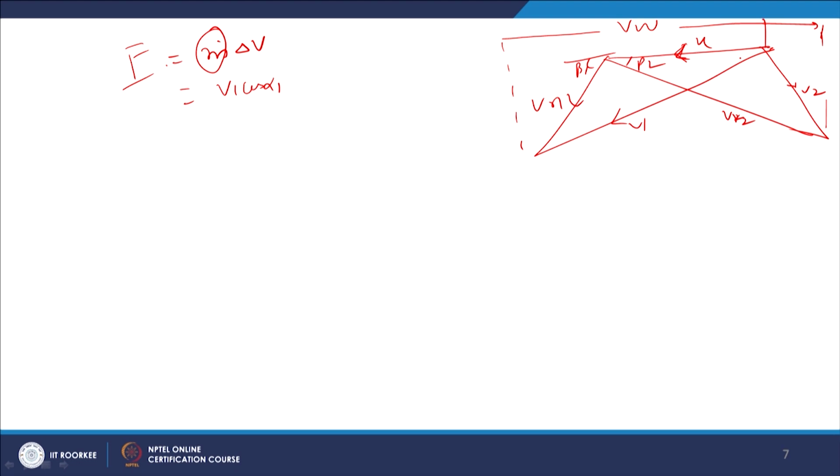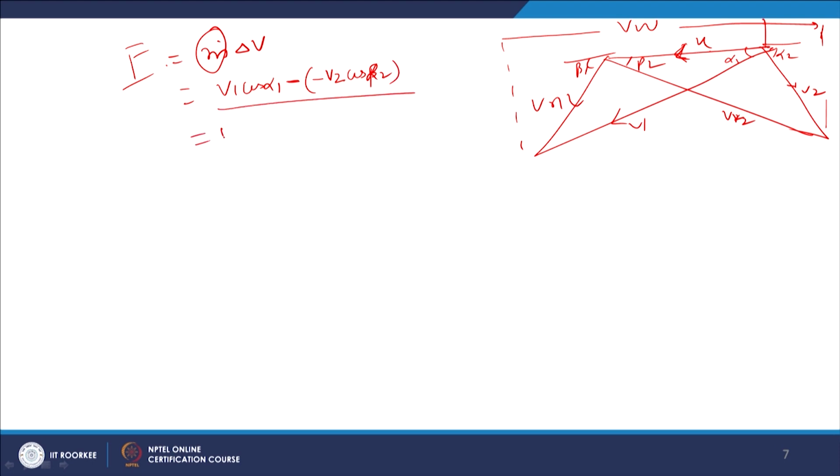Now in the same direction, minus V2, this is alpha 1 and this is alpha 2. The component of the velocity which is causing force on the blade is going to be minus V2 cos alpha 2, not beta, it is going to be alpha.